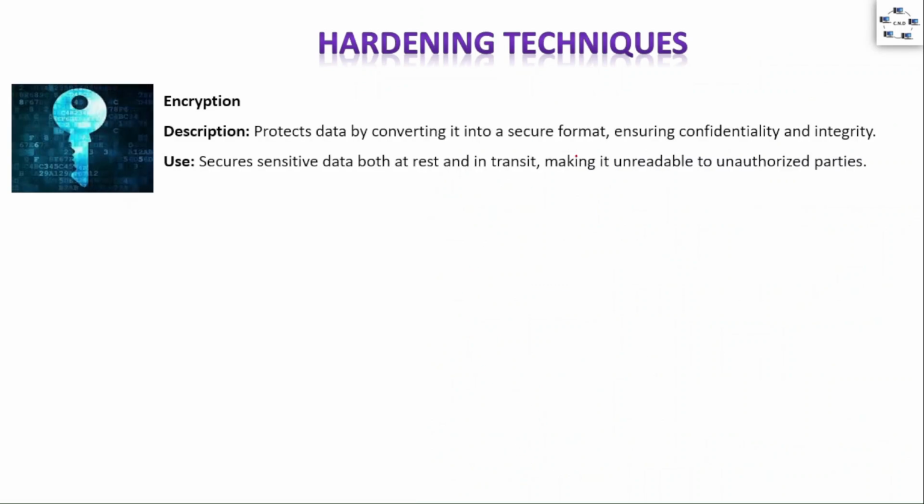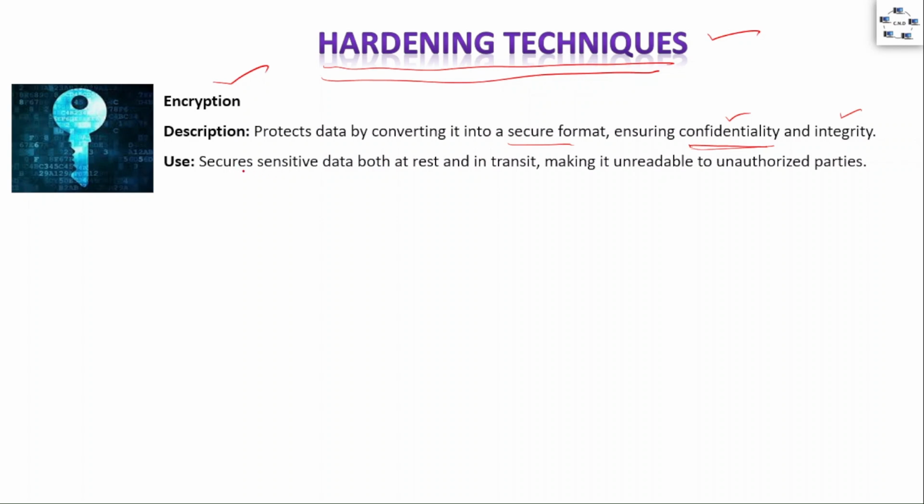So now some hardening techniques. Hardening is securing the system or devices through different security techniques, and the first one is encryption. Encryption protects data by converting it into a secure format, ensuring confidentiality and integrity. The basic purpose is confidentiality, but it can also ensure integrity.